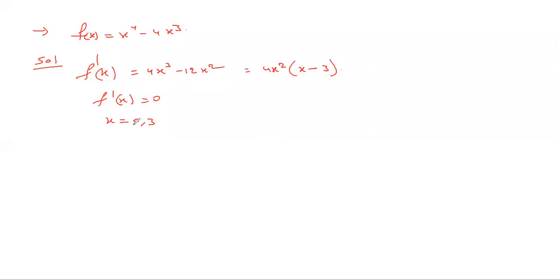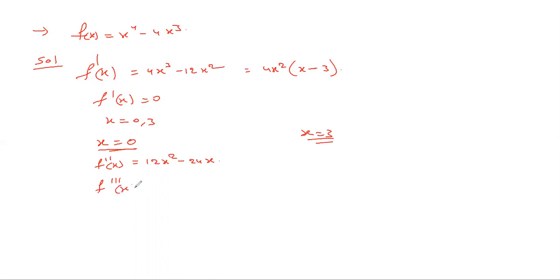Now listen carefully. We get x equal to 0 or 3. First let us check at x equal to 0. After that, at x equal to 3, we need to check. First, find f double dash. It will be 12x square minus 24x. At x equal to 0, it is giving 0. Continue.